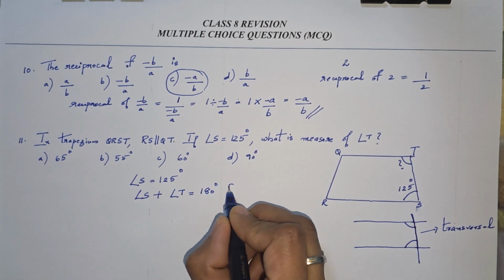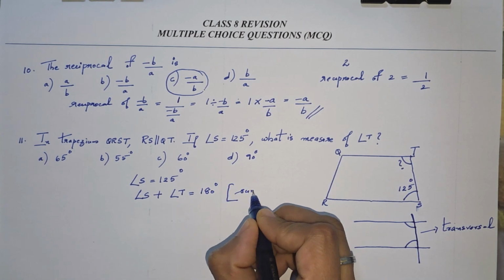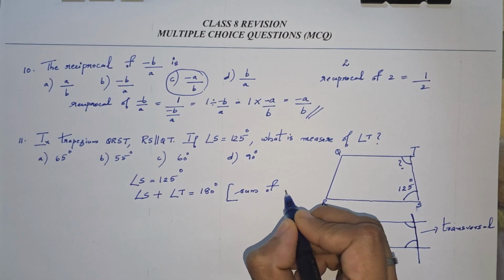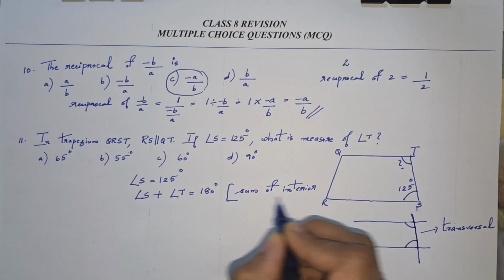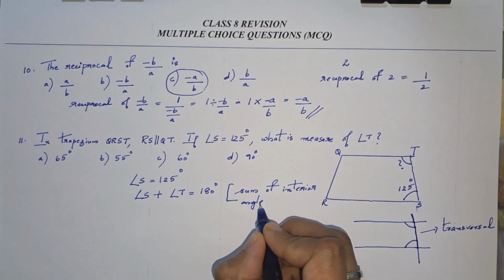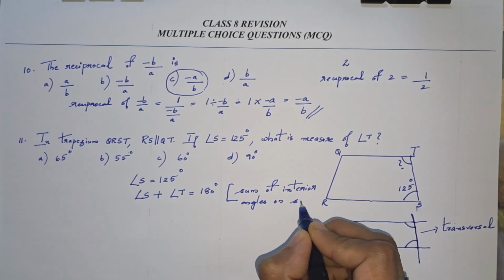Why? Because we have learned that sum of interior angles on same side of transversal is 180 degree.